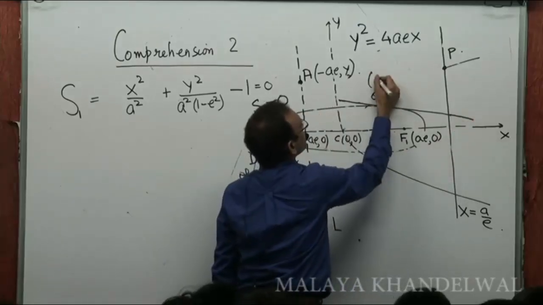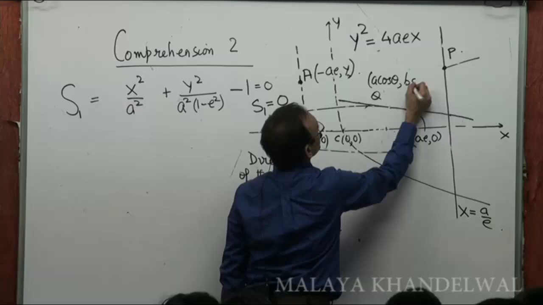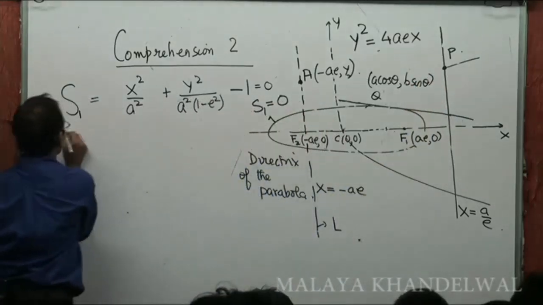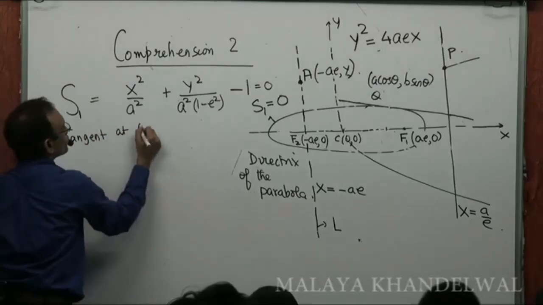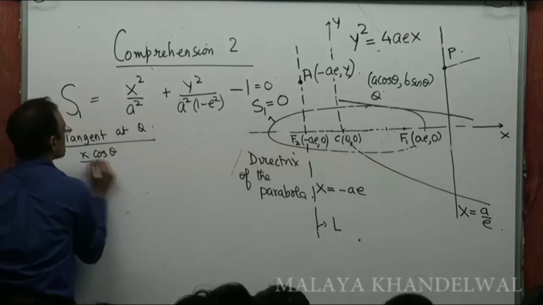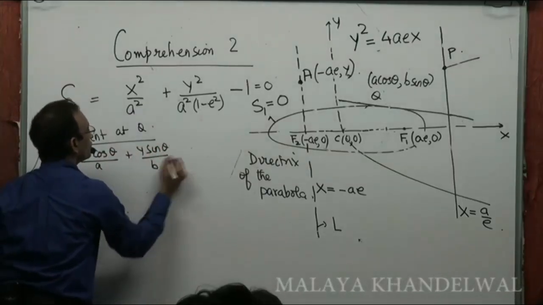At a certain point Q, with eccentric angle theta, that means a cos theta, b sin theta, what would be the equation of the tangent at Q? Tangent at Q: x cos theta by a plus y sin theta by b equal to 1.